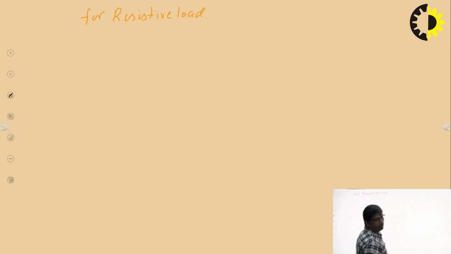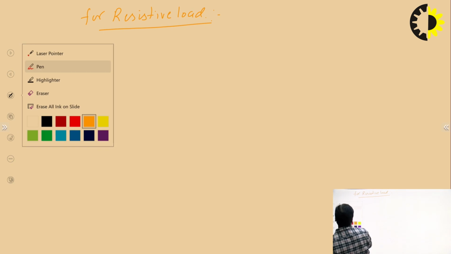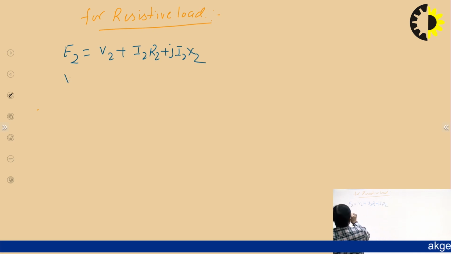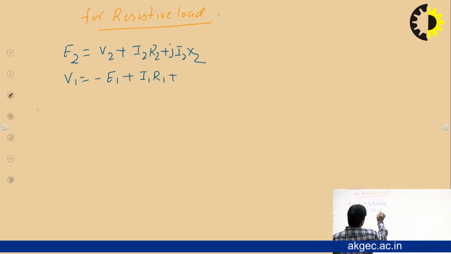For a purely resistive load, the equations are the same: E2 is equal to V2 plus I2 R2 plus jI2 X2, and V1 is equal to minus E1 plus I1 R1 plus jI1 X1. The equations will be the same.